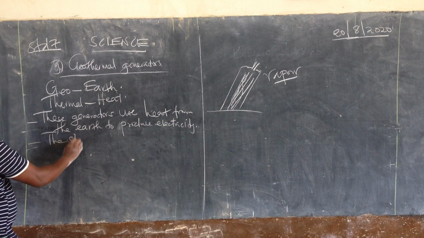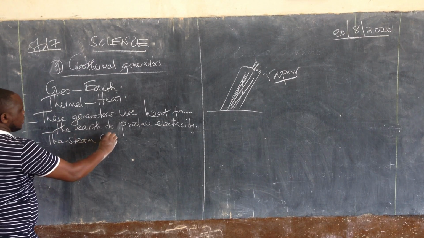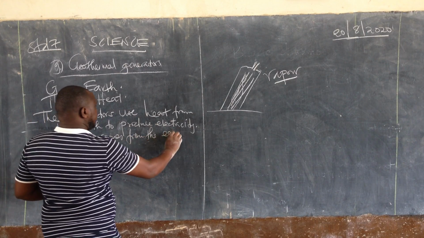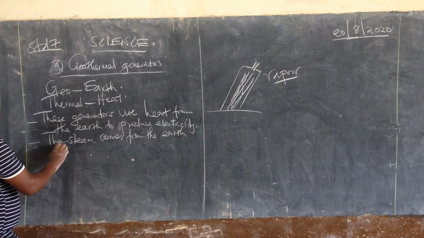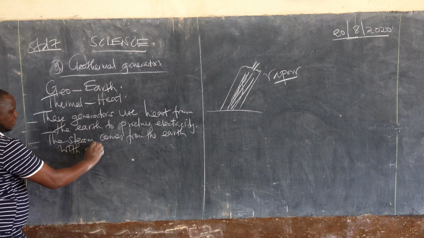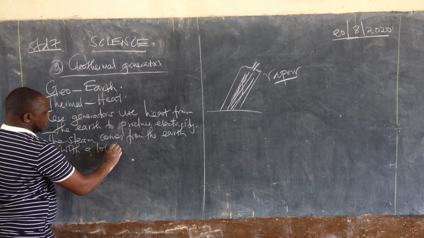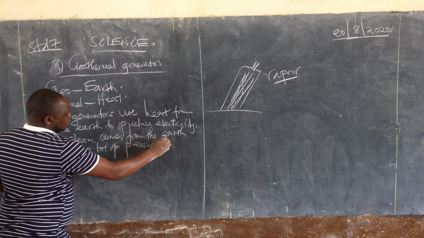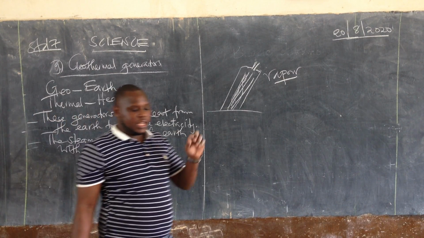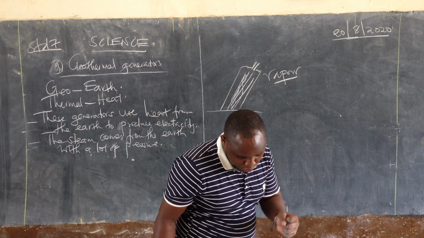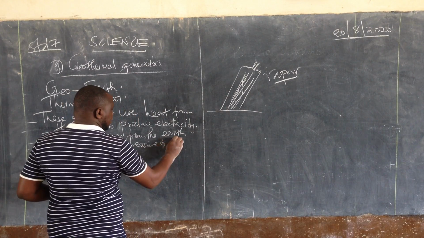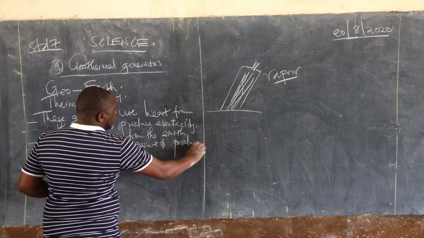The steam comes from the earth, a lot of pressure. So this is very, very important, that it must come with a lot of pressure to be able to produce electricity.